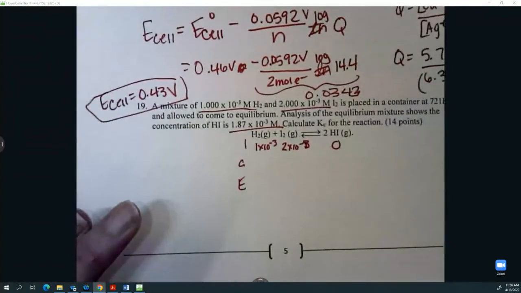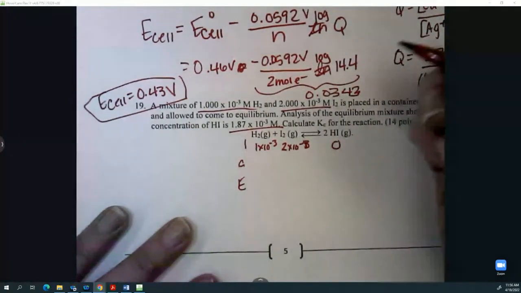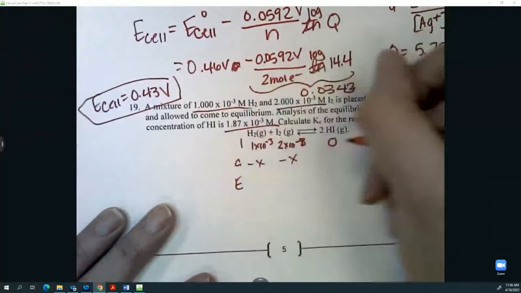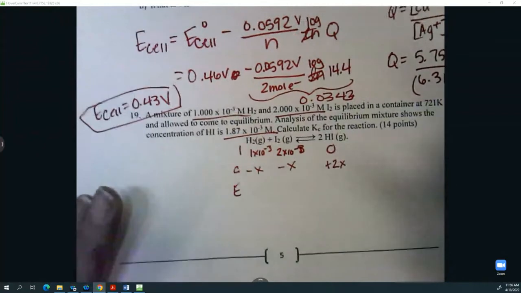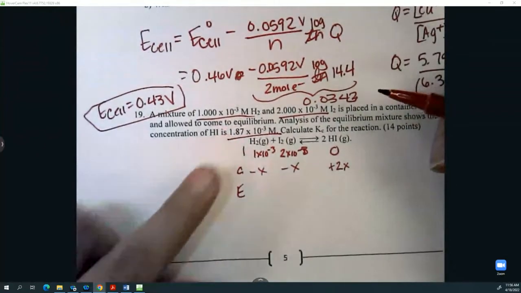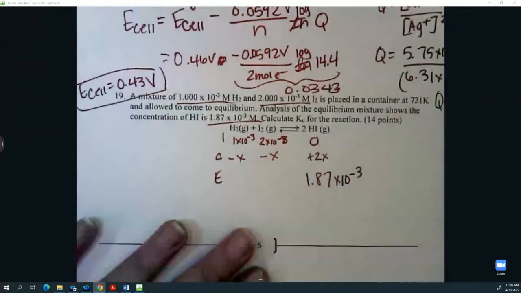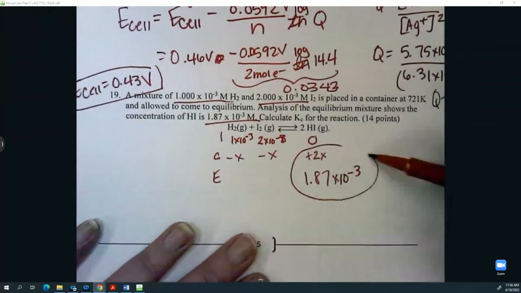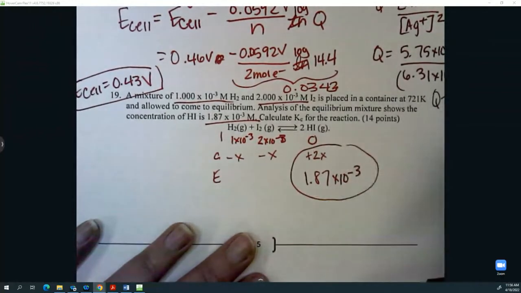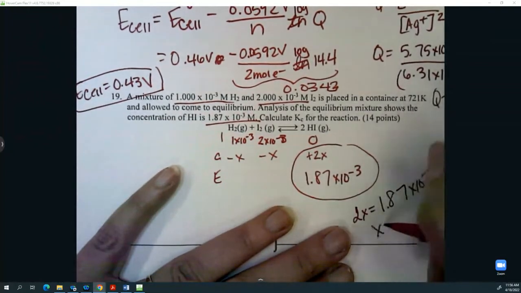Remember, if they didn't tell you you started with it, you didn't start with it. So for HI, I know I didn't have any. I like to do it with X's first. You don't have to, but I'm going to do it like that just to make sure I get my stoichiometric coefficients in my head correctly. And then here's what I know about equilibrium is that I have 1.87 times 10 to the minus 3. And that, I went from 0 to that, so the 2x, the change is it went up by 1.87 times 10 to the minus 3.